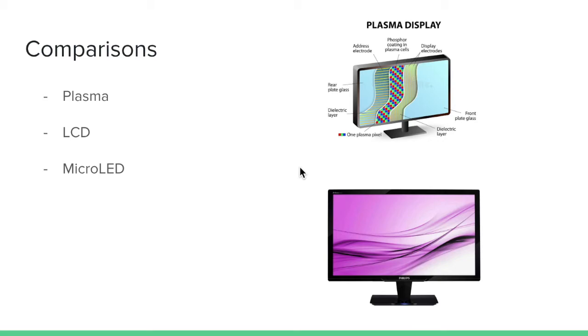LCD screens can reach the same resolution as OLED screens, but are considered to be lower quality than OLED. The main reason that LCD screens are lower quality is the LED backlight that is used to illuminate the crystals that produce colors.